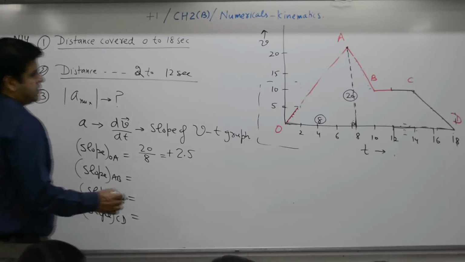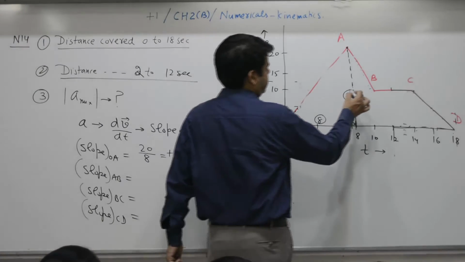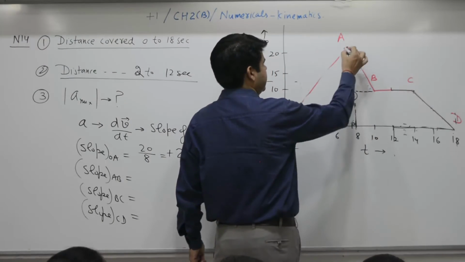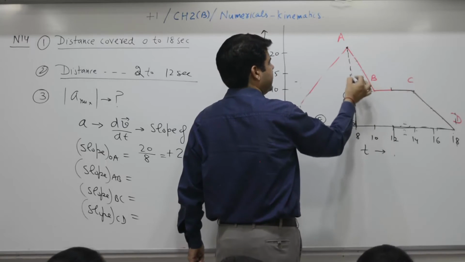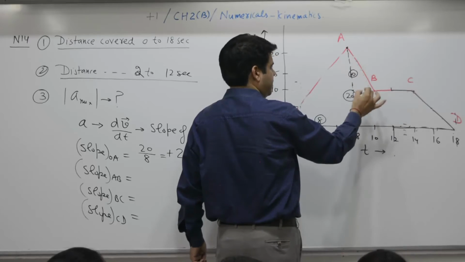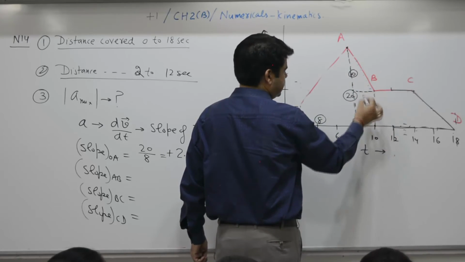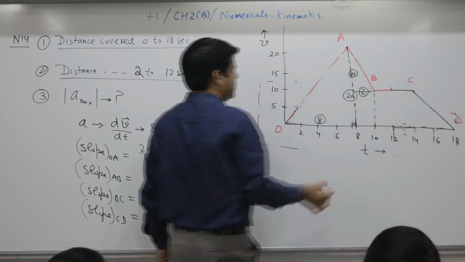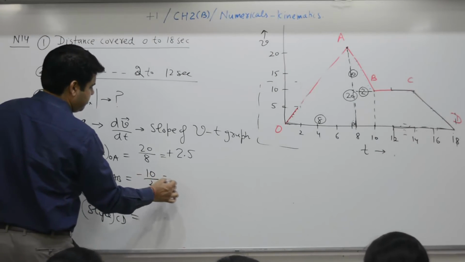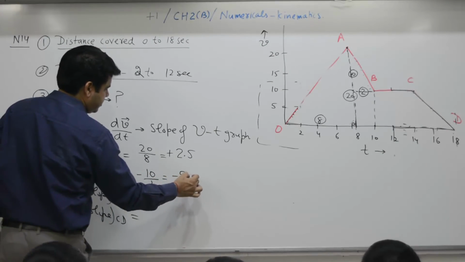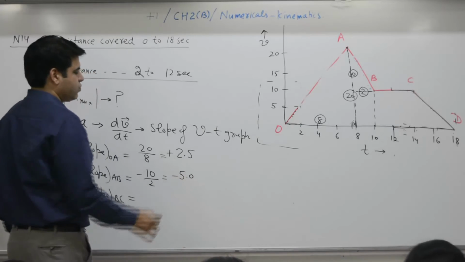A to B, yes. What is the change in velocity? 20 to 10, initial 20, final 10. Change is 10 and this time is how much? 2 seconds. 10 by 2, but sign is minus, 5 meter per second square.